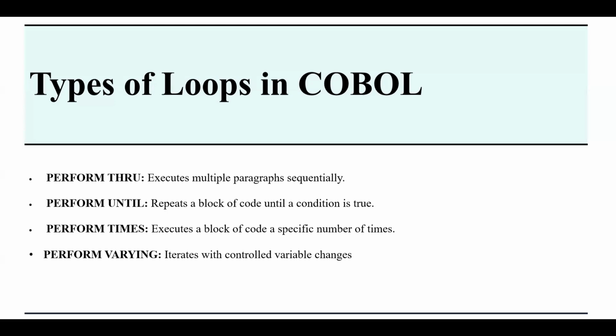If we talk about perform times, it is a fixed condition, like just perform it 7 times, perform it 8 times. And perform varying means when we have a different condition. Perform varying is different from the others in how it works, because it has a different index that controls how many times it varies and on which condition it should vary.